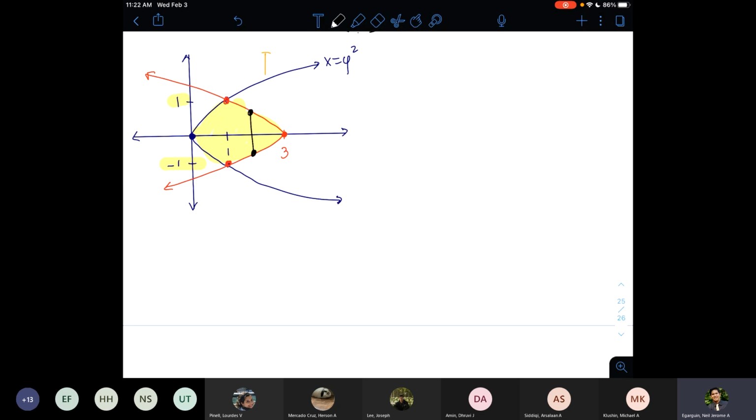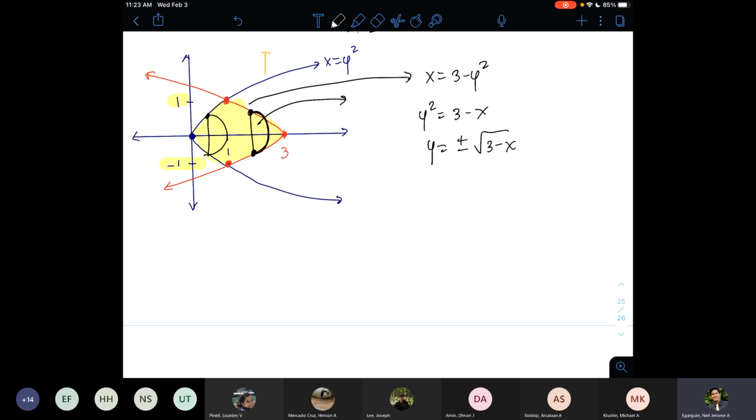You will use two integrals because say you have cross sections that are semicircles, for instance. For this semicircle, the area will be computed top minus bottom. So here you have x equals 3 minus y squared. Since you are using vertical strips, you solve for y in terms of x. So y squared equals 3 minus x, y equals plus or minus root of 3 minus x.